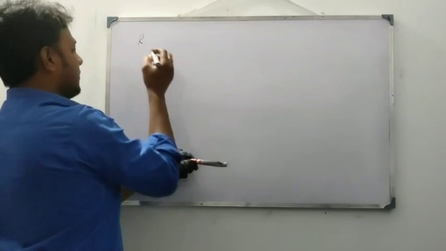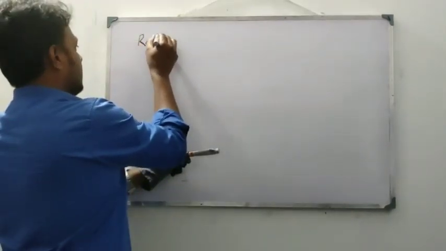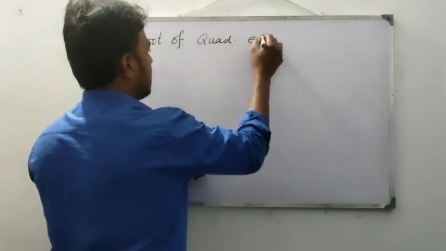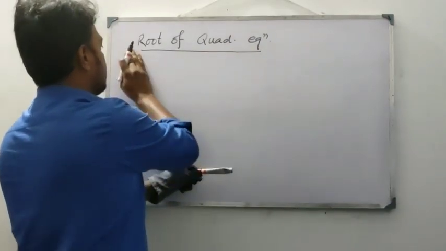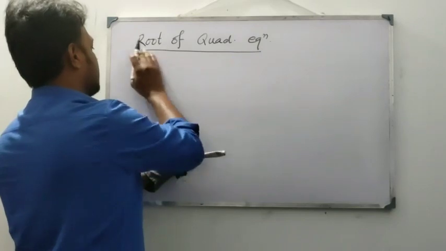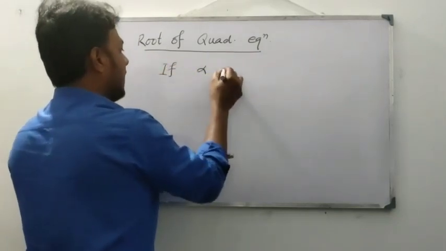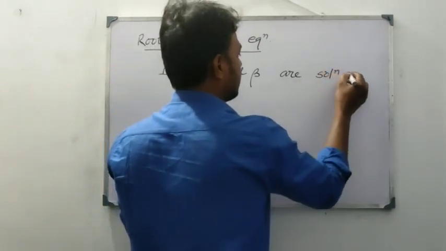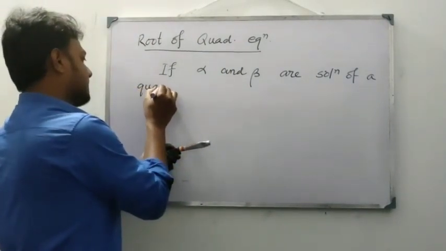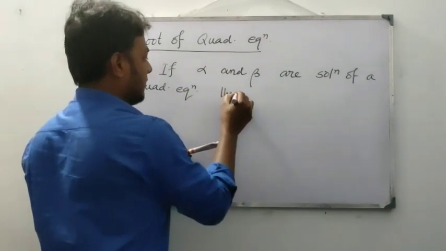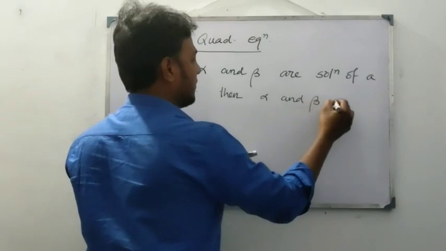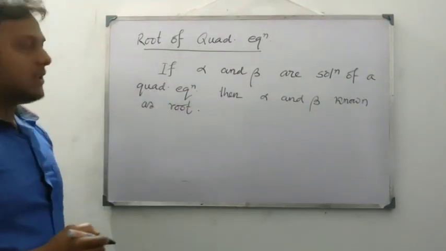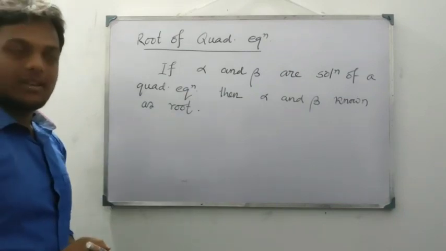So the definition, root of a quadratic equation: if alpha and beta, which are arbitrary numbers, are solutions of a quadratic equation, then alpha and beta are known as roots. Understood? They may or may not be distinct.